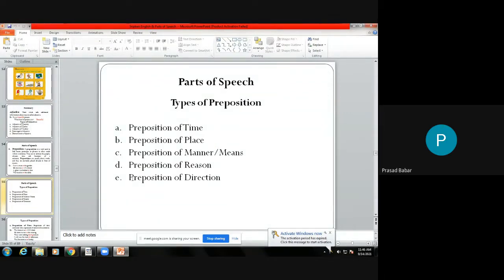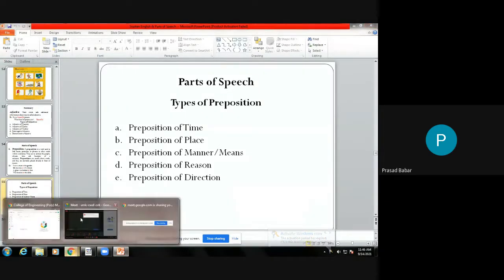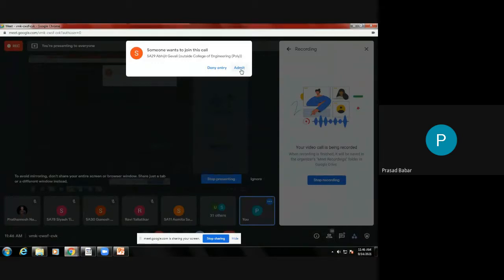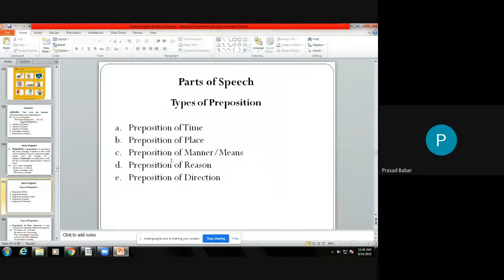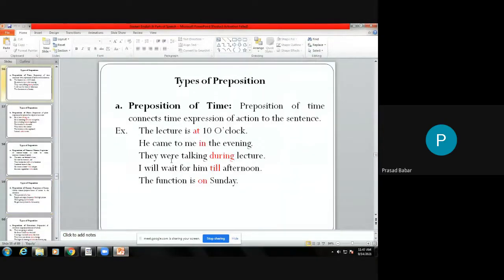The next preposition is preposition of direction, which is used to show the direction of an object, person, or living or non-living thing. So these are the 5 types of preposition which we use in the English language.